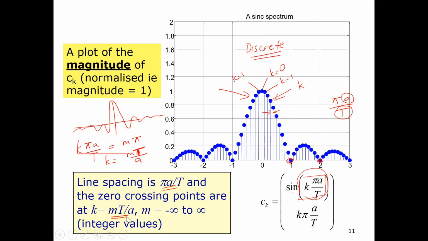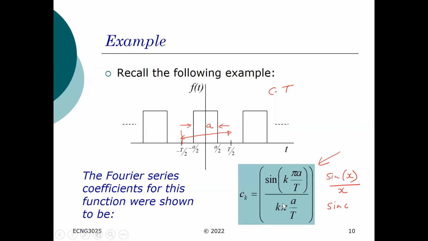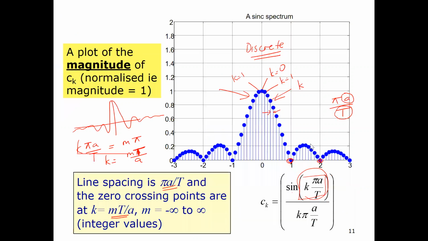Yeah? So look at what happens here. If I make A bigger, in other words, the duty cycle of the square wave or of the rectangular wave increases. So as I make the duty cycle bigger, according to what I have here, if A goes up, these lines start to move further and further apart.